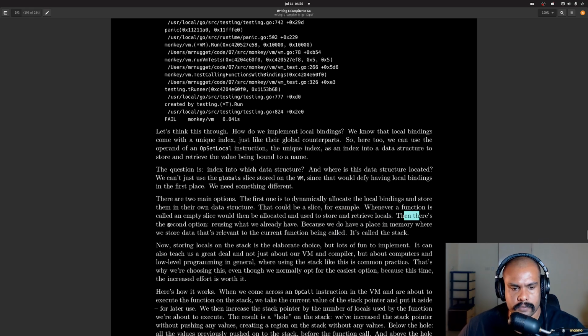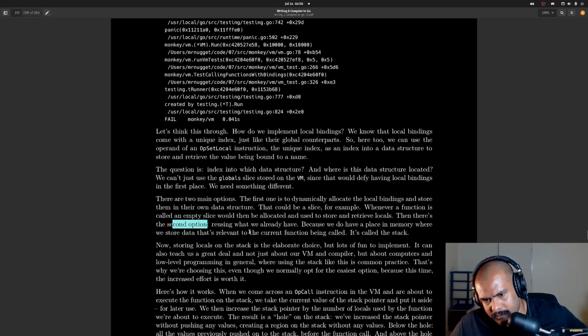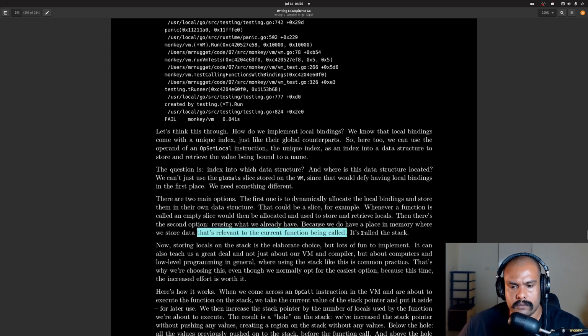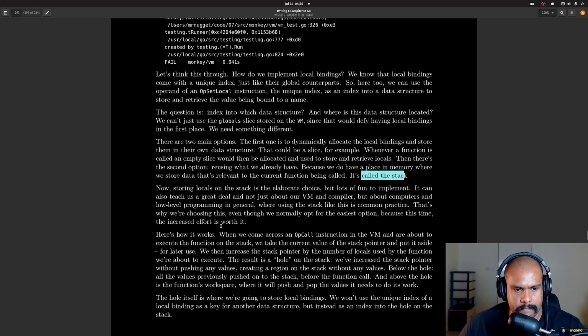And there's a second option, reusing what we already have. Because we do have a place in memory where we store data that's relevant to the current function being called. It's called the stack. Yep.